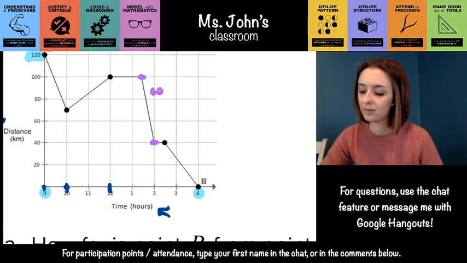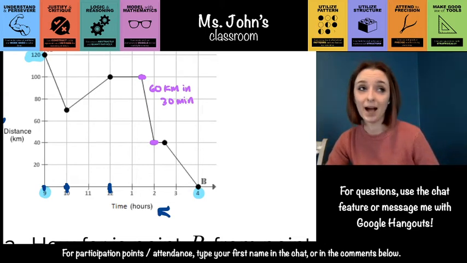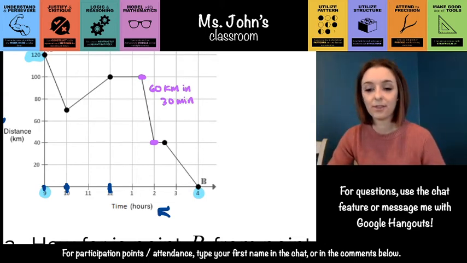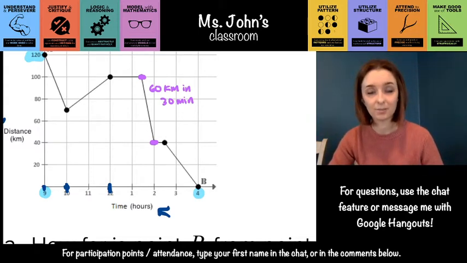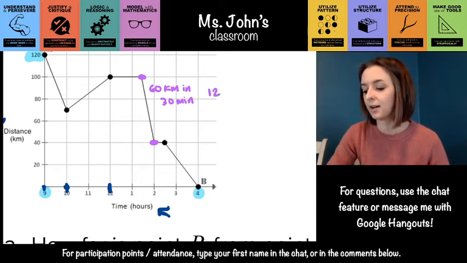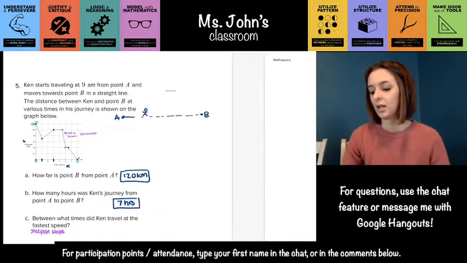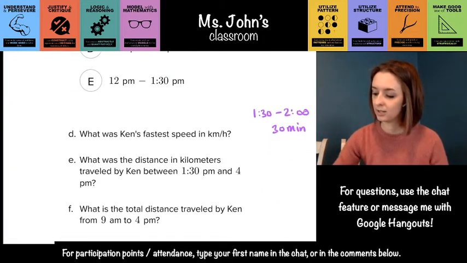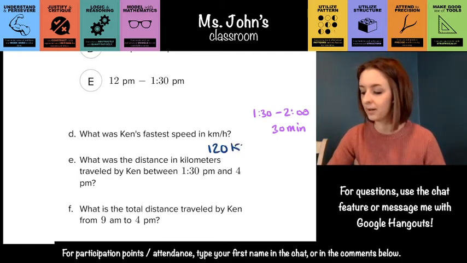So we went 60 kilometers in 30 minutes. They're looking for kilometers per hour. If he goes 60 kilometers in 30 minutes, how many would he go in an hour? In twice as many minutes, he would go twice as far. So that's 120 kilometers in an hour. 120 kilometers per hour.